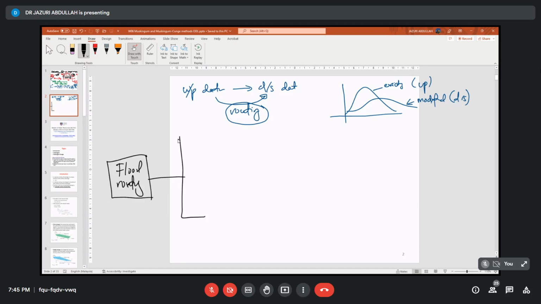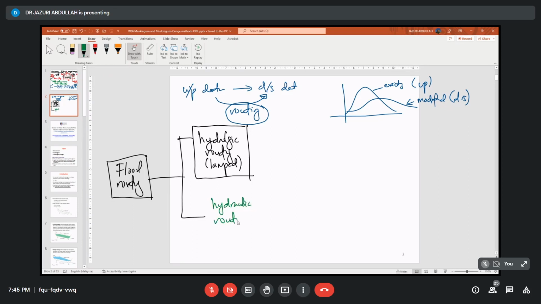Okay, so yang pertama kita panggil dia sebagai hydrologic routing. So dalam hydrologic routing, basically ini kita panggil dia sebagai LAM model. Nanti saya akan ceritakan apakah itu LAM model. Okay, so yang nombor dua saya akan explain selepas ni adalah kaedah yang dikenali sebagai hydraulic routing.